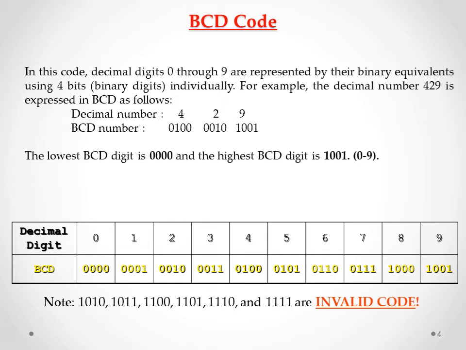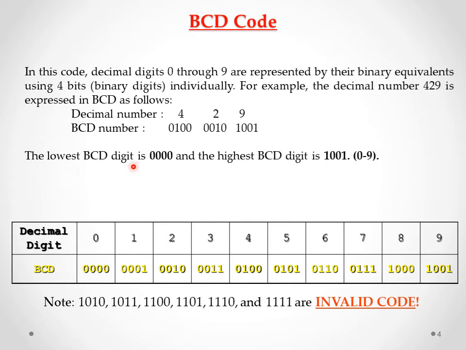Next, how can we represent the BCD code? In this code, decimal digits 0 to 9 are represented by their binary equivalents using 4 bits individually. For example, the decimal number 429 is expressed in BCD form. Each decimal digit is represented by an equivalent 4-bit binary number. So 9 is represented by 1001, 2 is represented by 0010 and 4 is represented by 0100.